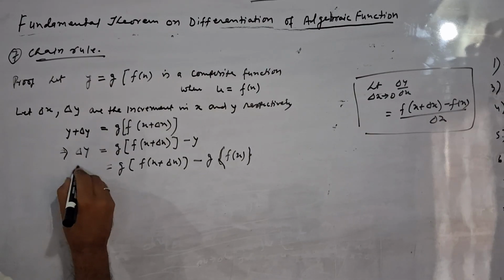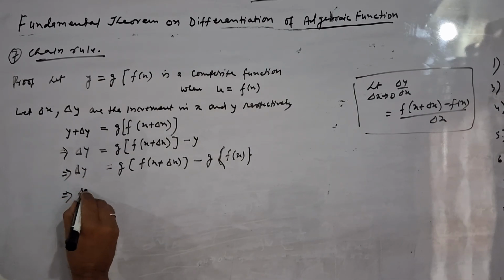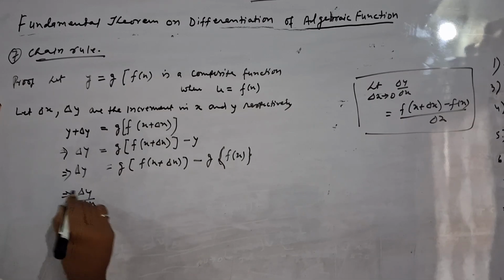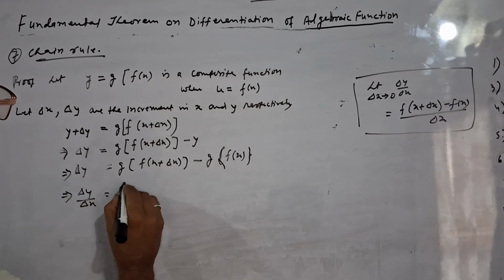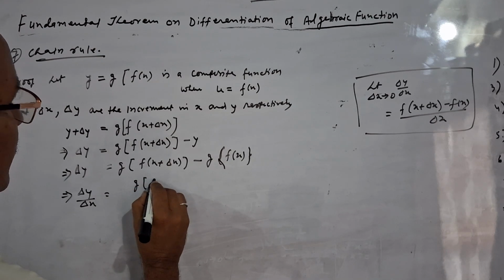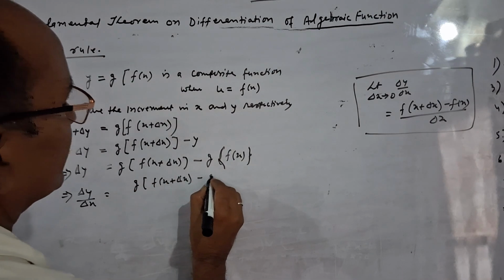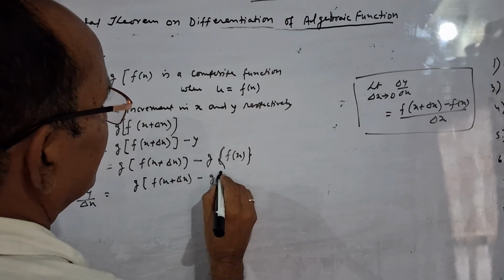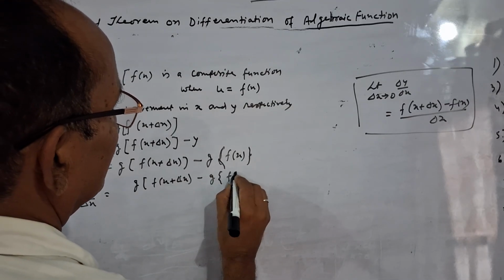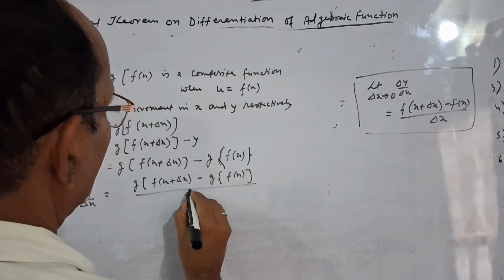Therefore, dividing both sides by delta x, we can write delta y by delta x equal to g(f(x plus delta x)) minus g(f(x)) divided by delta x.